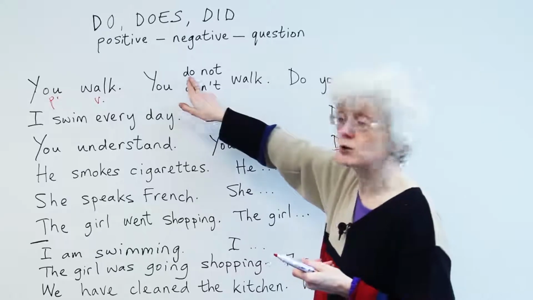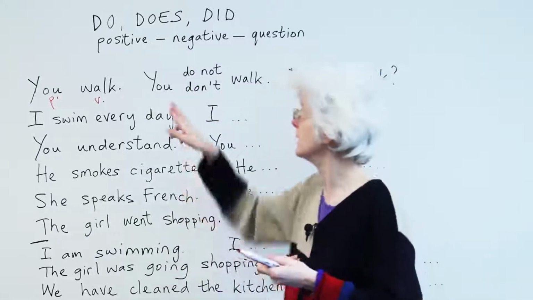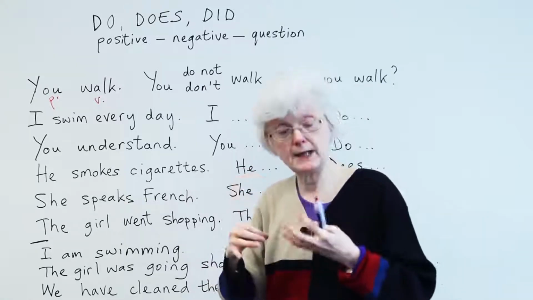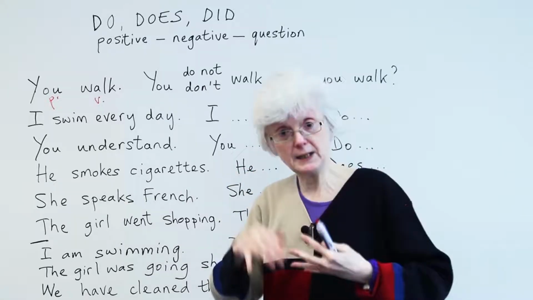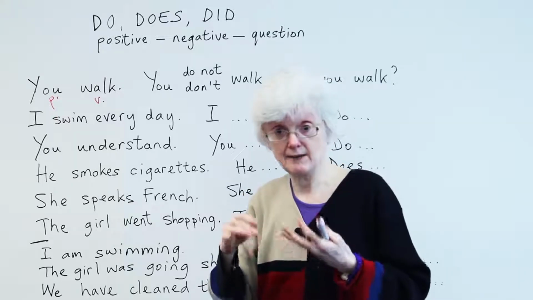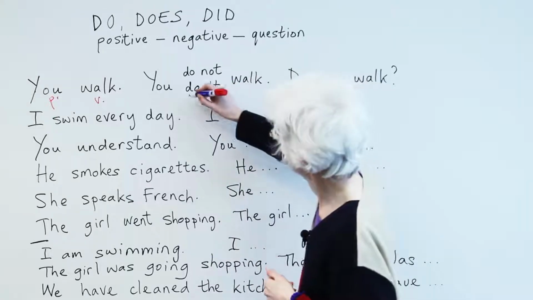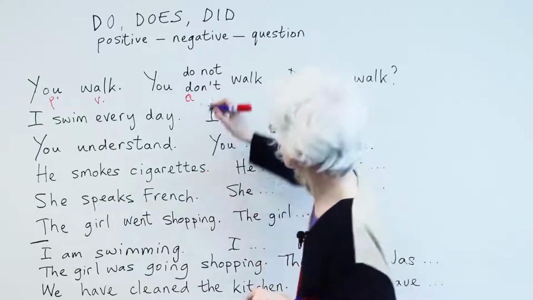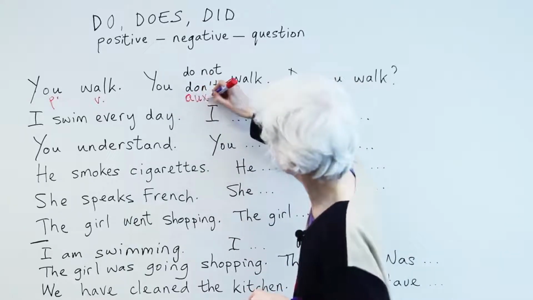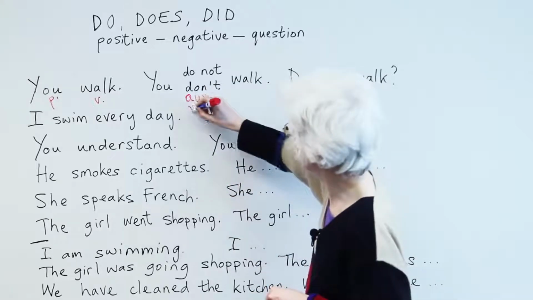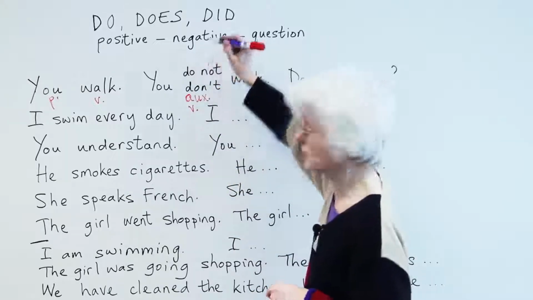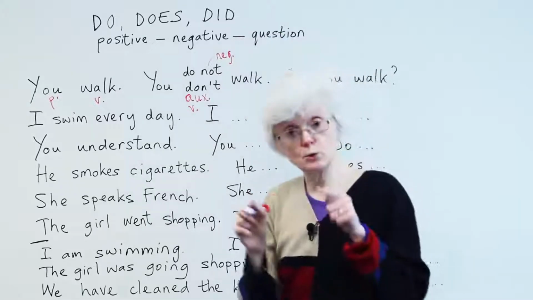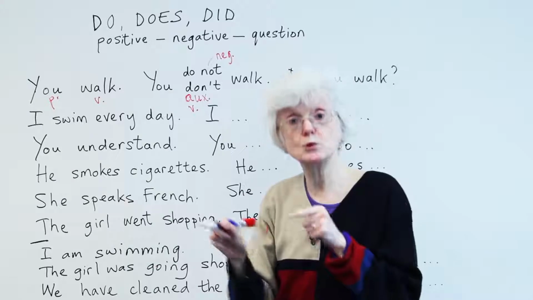And because do is also a verb, the way it's used here is to sort of help the meaning, and that means it's called an auxiliary verb, okay? So I'll just put AUX, auxiliary verb, and then not is the negative. Okay, so you do not walk or you don't walk.